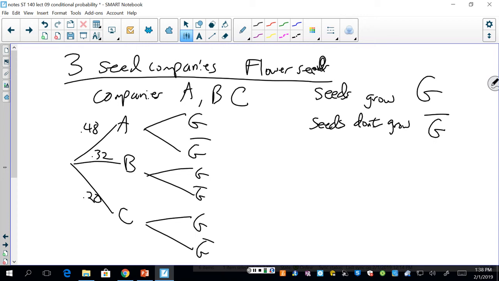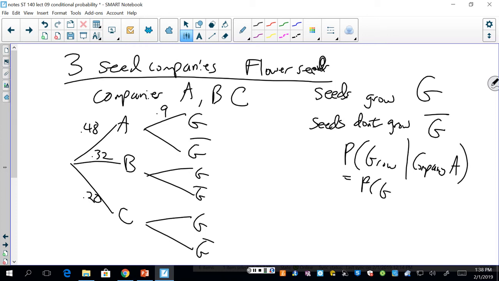Now the companies have different success rates. Company A is pretty good. 90% of the time, it grows. That 90% would be the probability that it grows in company A, or the probability of G, given that you're in company A, is stated at 90%. That company is pretty good. Company C is not quite as good.